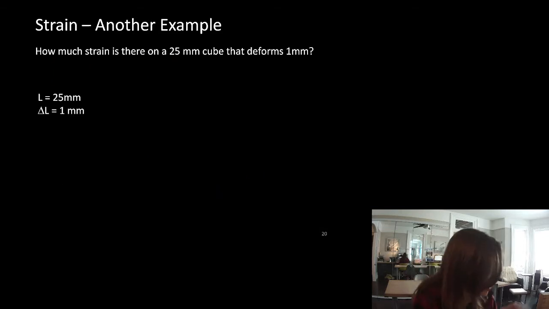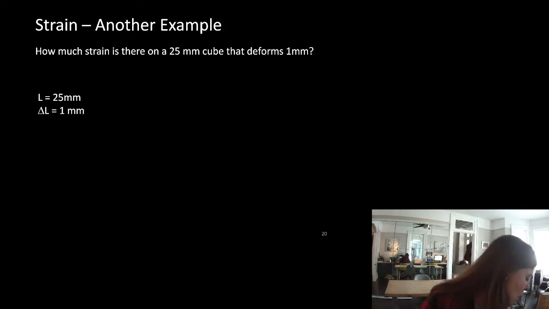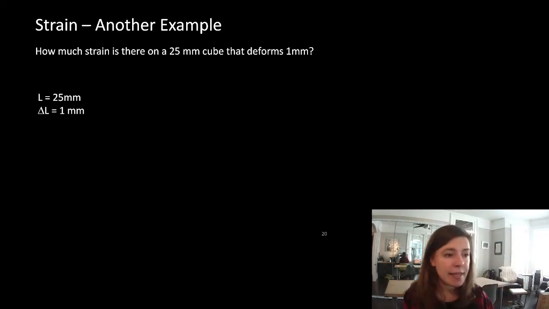Okay, I'll just do this example verbally because then we go back into some slides. We've got our same cube of steel, but this one we've also listed that it is 25 millimeters tall. So before we were talking about 25 by 25.